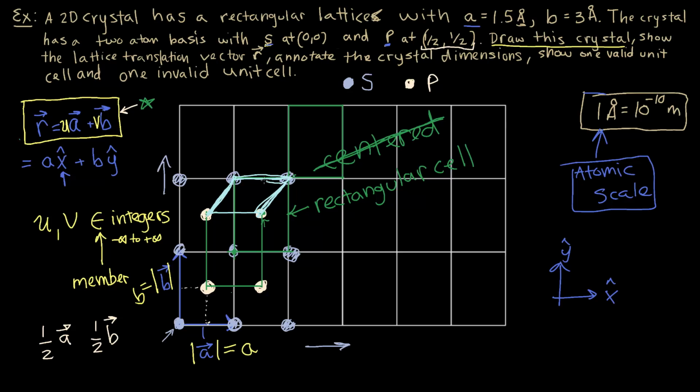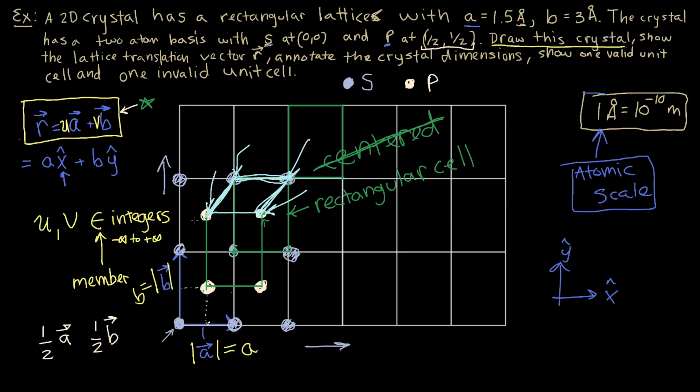It isn't a valid unit cell at all. The reason for this is that each corner of the unit cell should fall on a lattice point. And that was okay in the previous video, in the previous example, because each lattice point was the same atom.